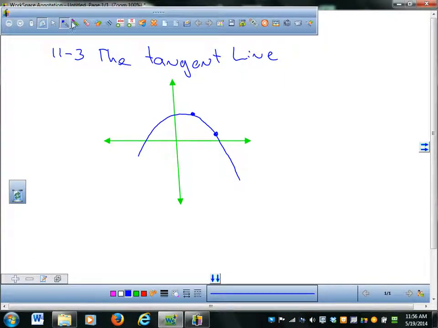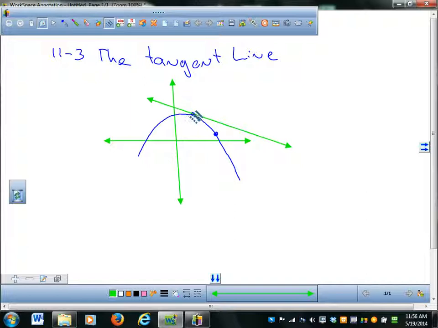Well, the tangent line is actually the line that exactly touches the curve in one point. Remember that from geometry? A tangent line is something that touches a circle at one point, right? And only touches it once, okay?